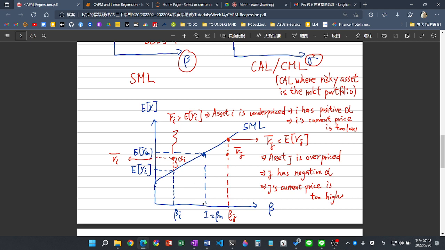Because 1 is the market's CAPM beta. But if we choose beta i instead, let's say beta i is stock i's CAPM beta, then we have another expected return for stock i here. However, we are interested in how accurate this CAPM model is, right?